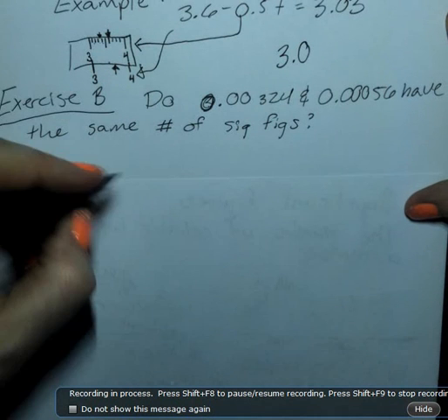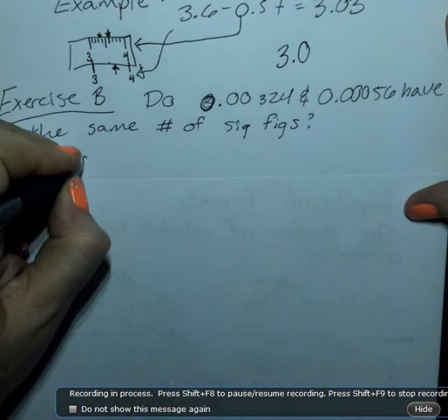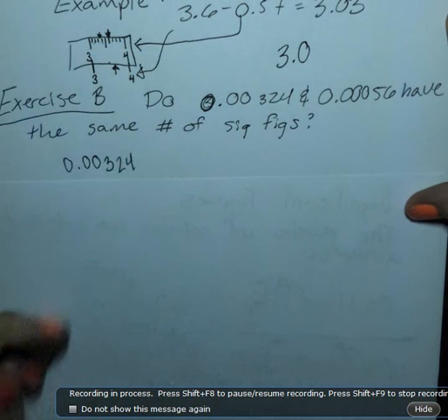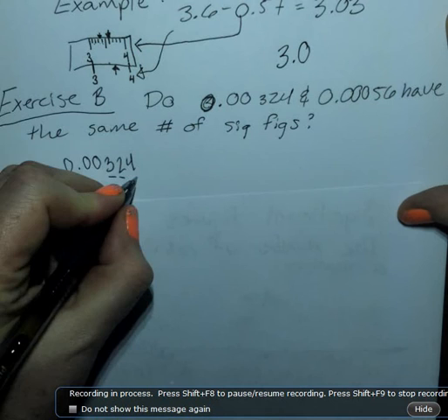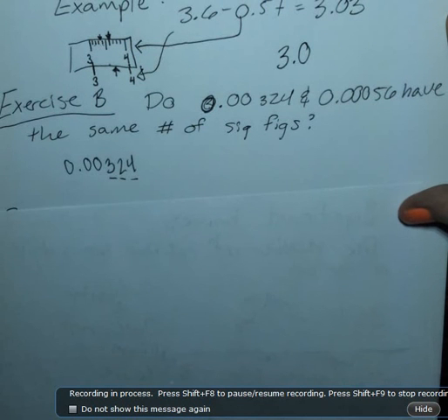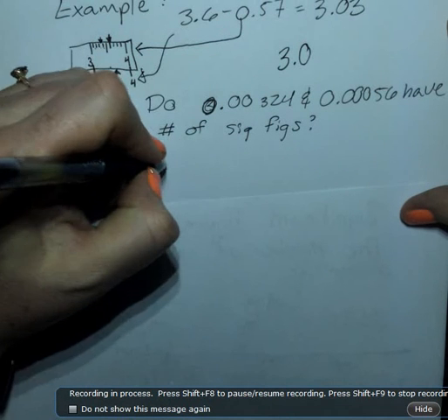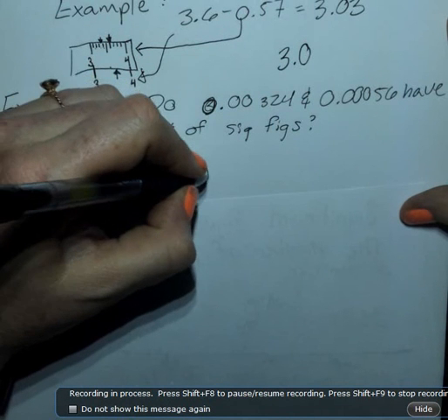So that means that 0.00324 only has those three non-zero numbers. All of these zeros don't count as significant figures, they're decimal placeholders. So that means that this has 3 significant figures.